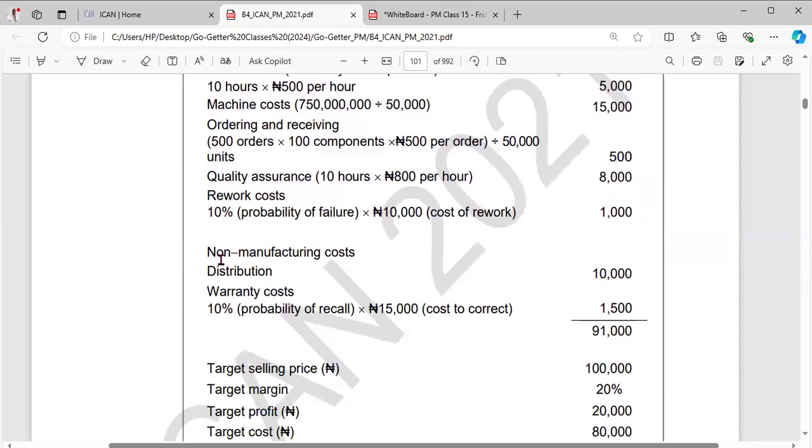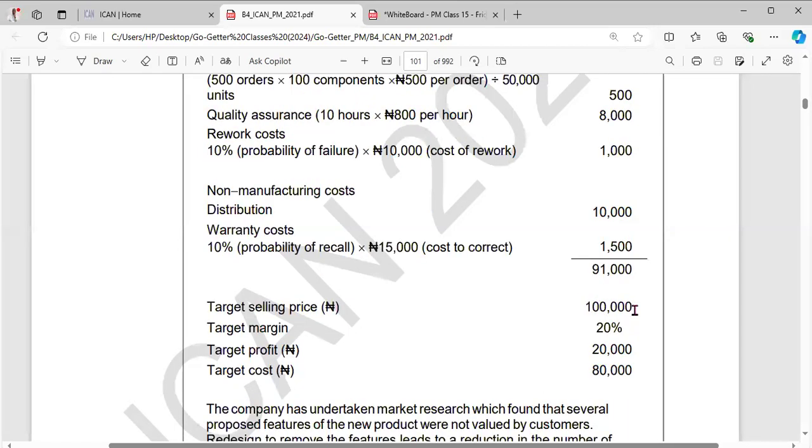All right, so we have the target selling price to give the target margin, and we have worked it out here. 20% of 100,000 is 20,000. And so the target cost here is 80,000.